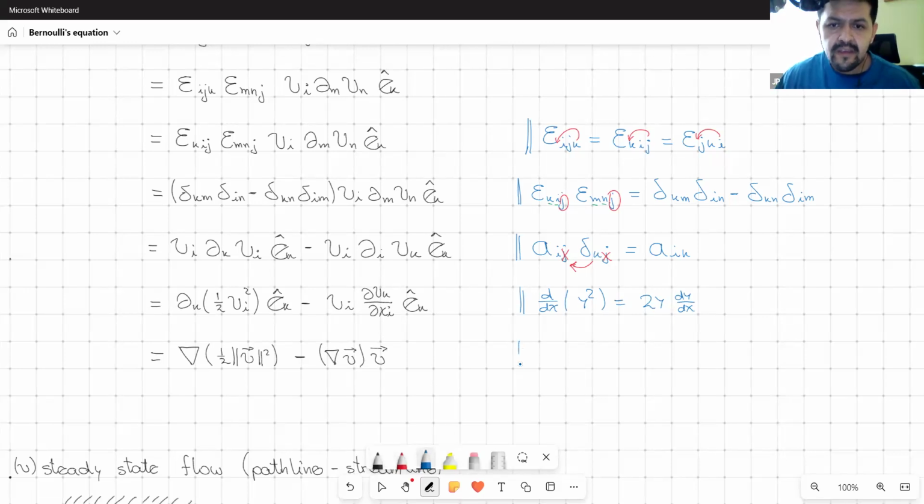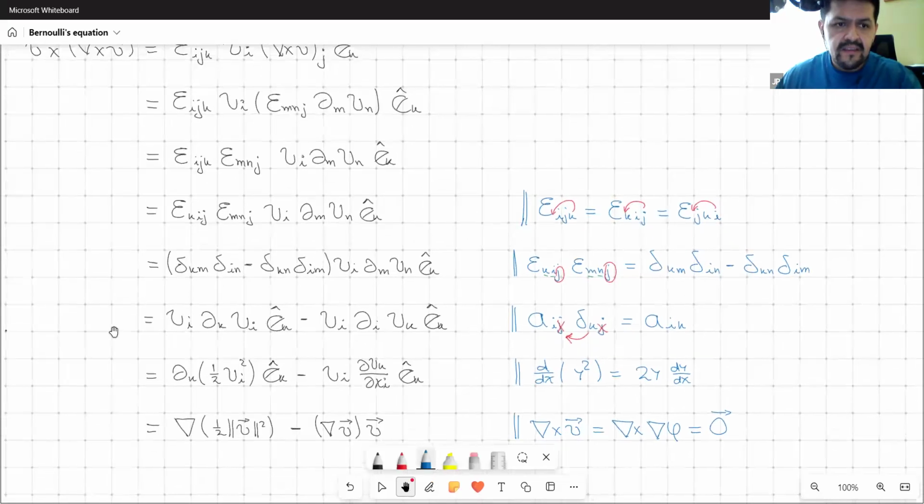Okay? We also remember that if you recall, the velocity is a potential flow, right? So if you recall, the curl of the velocity is going to be the curl of the gradient of the potential. And this is a very classical property that says that the curl of a gradient of a scalar field is equal to 0. Okay?